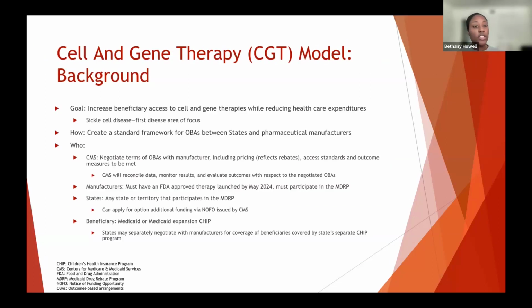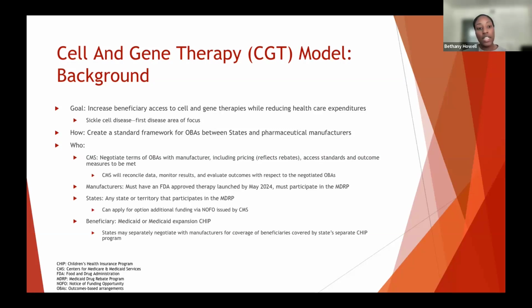So I'll give a little bit of background on the cell and gene therapy model itself. The goal of the model is to increase beneficiary access to cell and gene therapies. So just like we talked about, those therapies are between $1 to $2 million per dose. And really this model will help to ensure access to that, but also reduce healthcare expenditures for everybody that's involved.